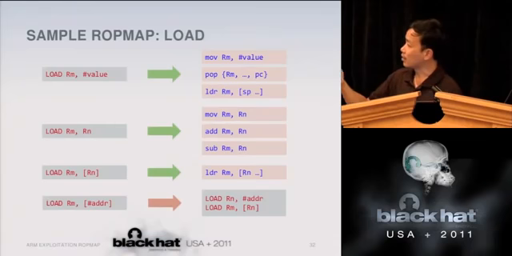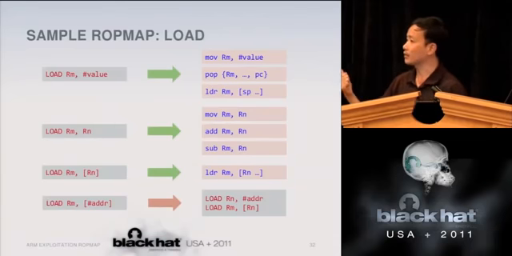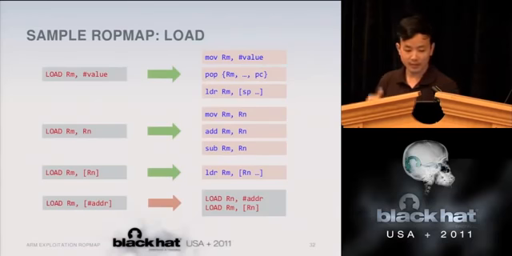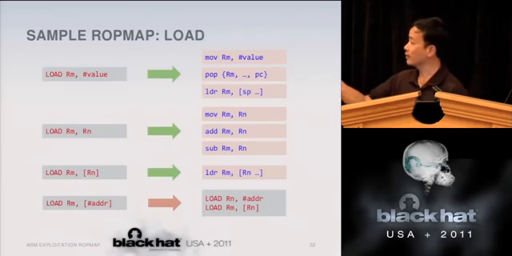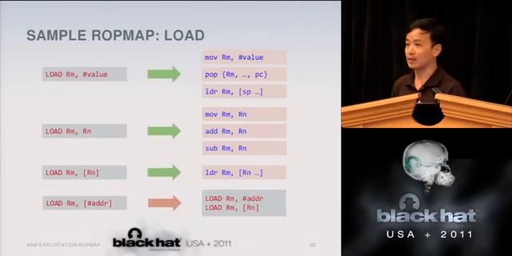For the load register from memory referenced by register, we had the LDR instruction. And for the last one, you will notice that there is no equivalent instruction in the ARM architecture that loads a value from memory referred to by an address into a register directly.